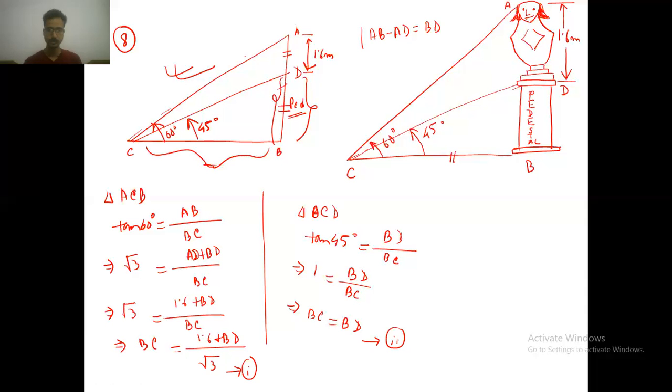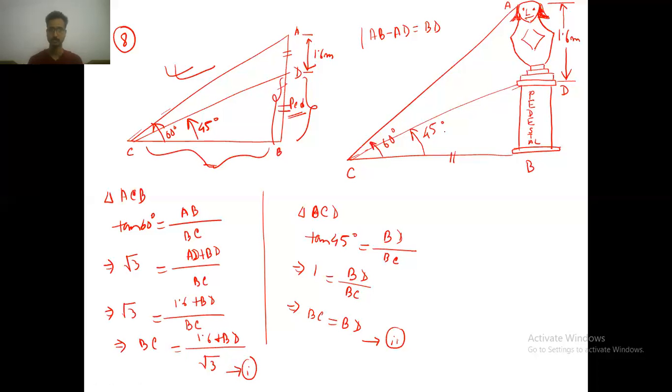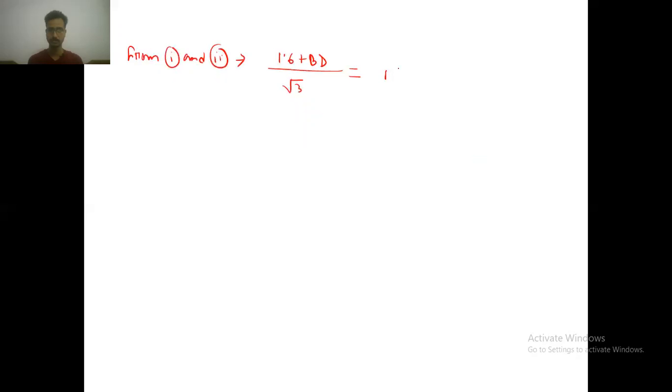From 1 and 2, 1.6 plus BD by root 3 will be equal to BD itself. Now if you cross multiply it, 1.6 plus BD will be equal to root 3 into BD.